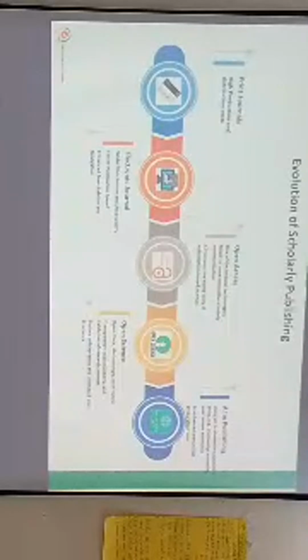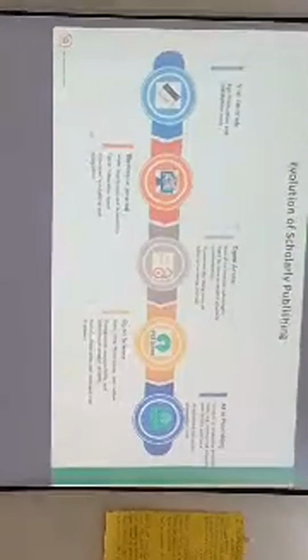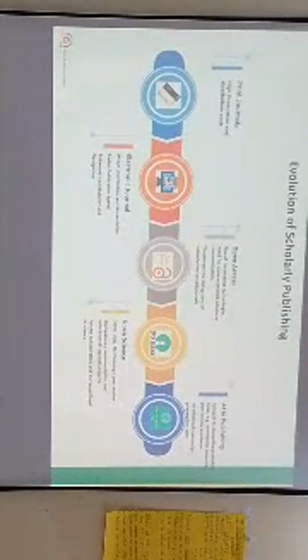So when the internet became so common, and then we got social media, a new era also evolved in the scholarly publishing world. And this era is what we call open access.